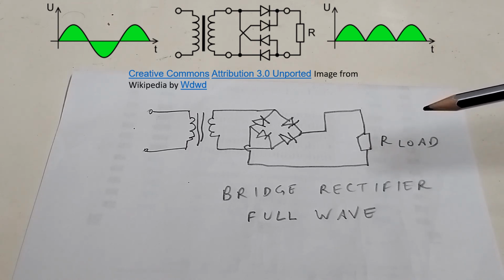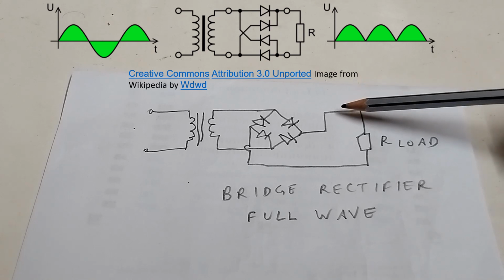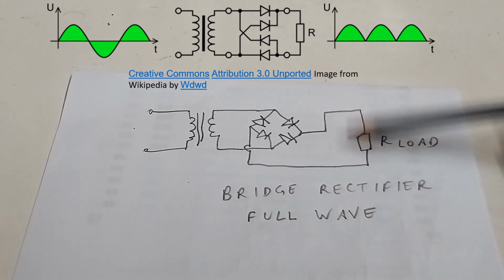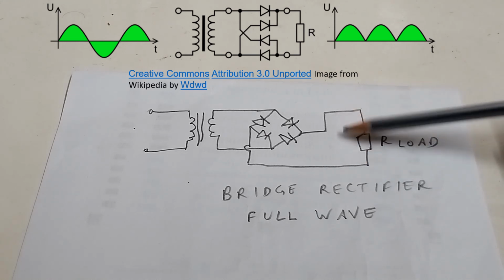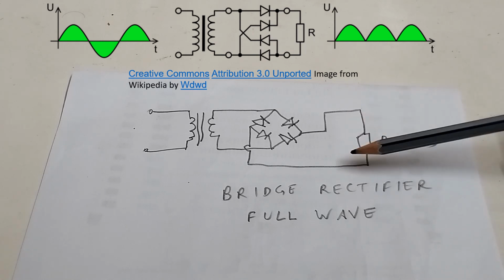Now, as the output of rectifiers has ripples, that has to be smoothened out. That can be done by putting a capacitor across the output. A high value capacitor, typically 1000 or 2000 microfarad, can be connected across the output.